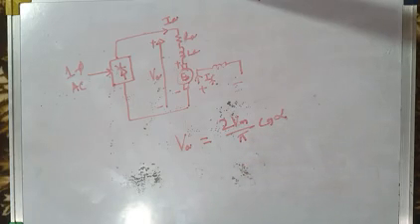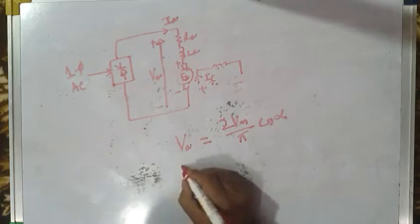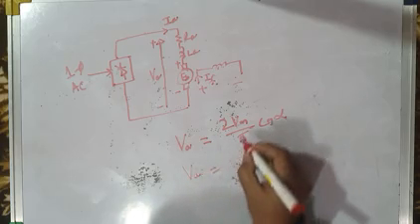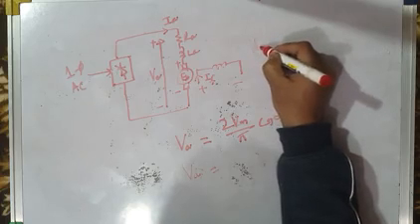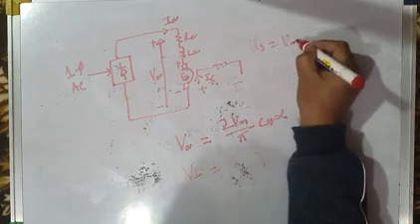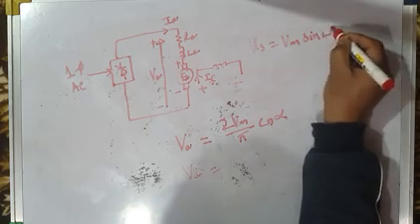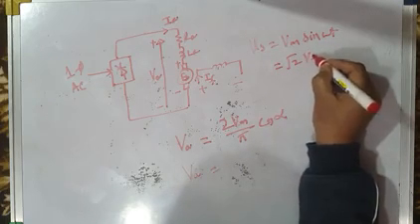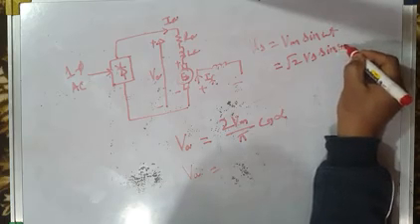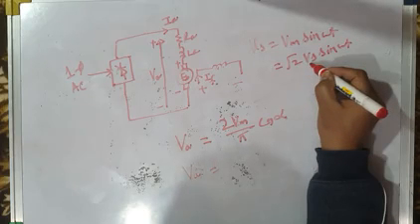I'm sure you know about this relationship. Vm is the peak of the input voltage. The input voltage is Vs equal to Vm sine omega t, where Vm is the peak of the input voltage, and it is equal to root 2 Vs sine omega t, where Vs is the RMS value of input voltage.